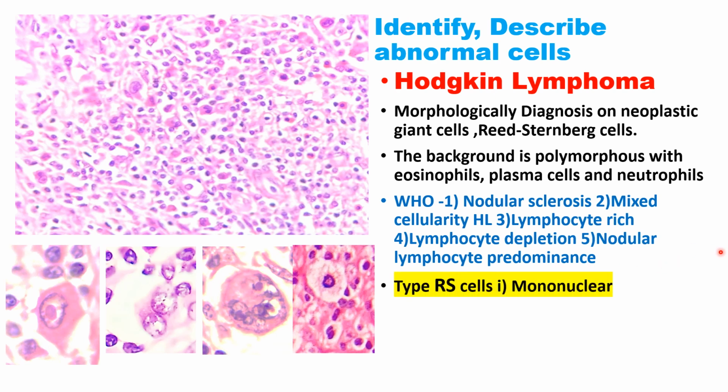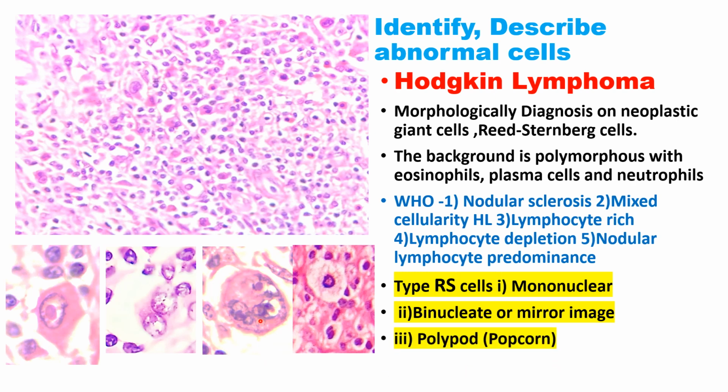And the types of RS cells are mononuclear like this, binucleate mirror cell like this, polypoidal or popcorn like this, and mummified or shrunken nucleus, pycnotic nucleus like this.